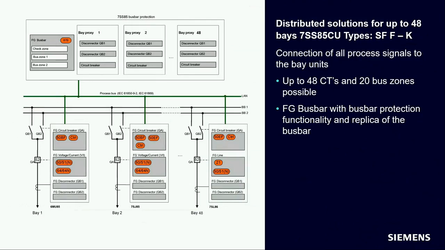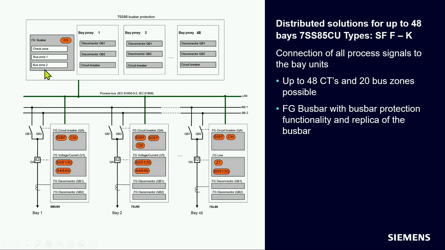Very essential. This approach is using the same function group busbar, which I could say is more or less the heart of the busbar protection. So we can be absolutely sure that we are using the same algorithms with the same checksum protection, with the same bus zone.